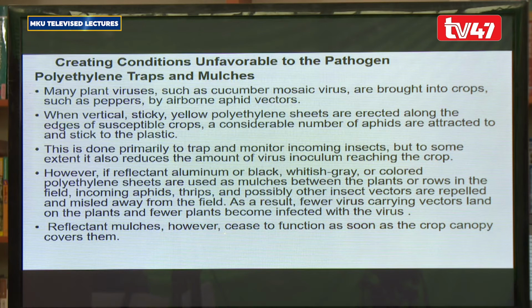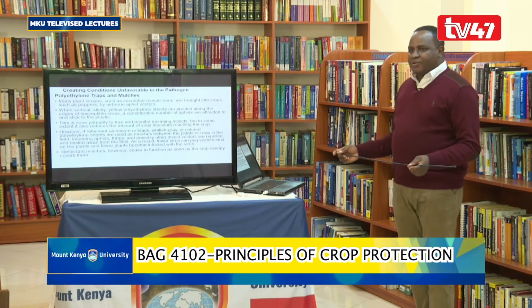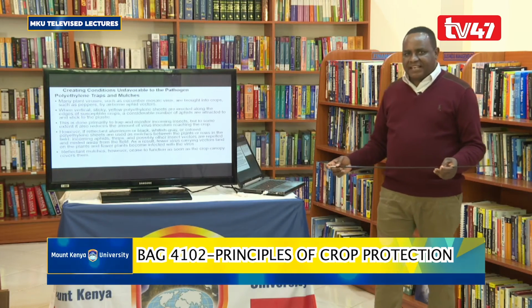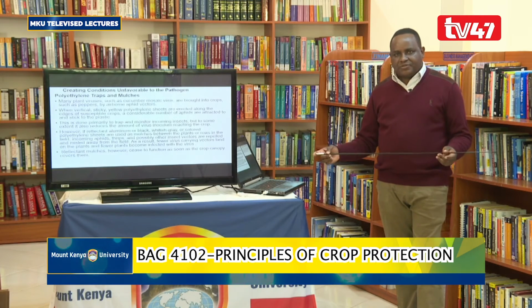Then we have methods that create unfavorable conditions for the pathogen to multiply. Some of these include mulching. When you mulch your piece of land, and this is applicable especially in vegetables, where you have a smaller piece of land, you can mulch with plastics.